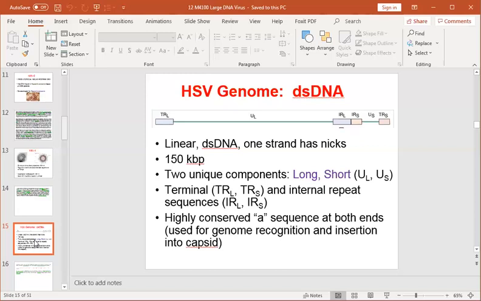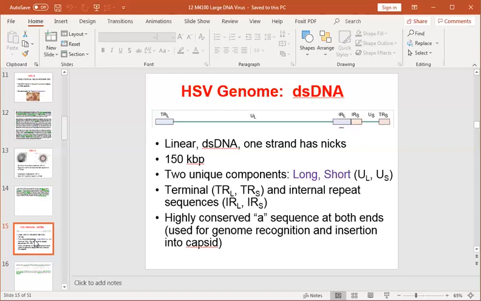It also has TR or terminal repeats on both ends, terminal repeat long and short, as well as IR or internal repeat sequences.